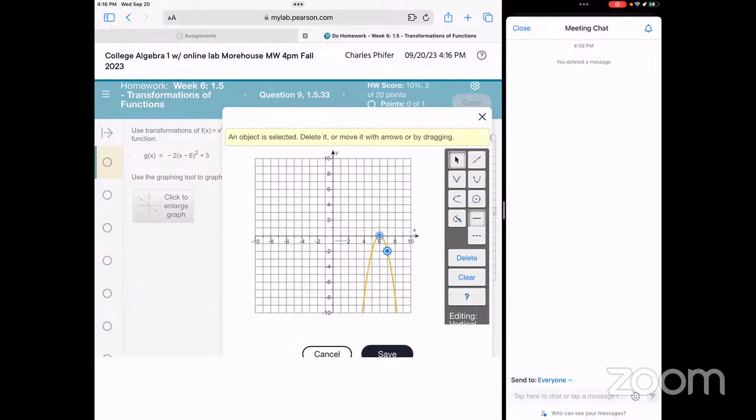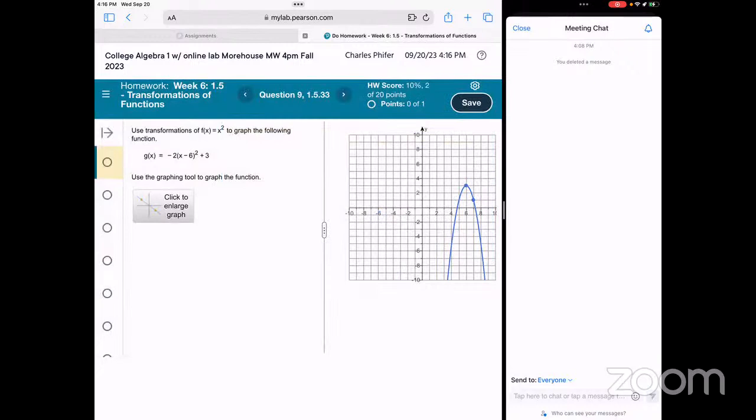Oh, and then lastly, we need to go up 3. So this goes up to 3. And this one goes up by 3. 1, 2, 3. I think that's it. Okay, was that it? Oh, I think we need to check it.